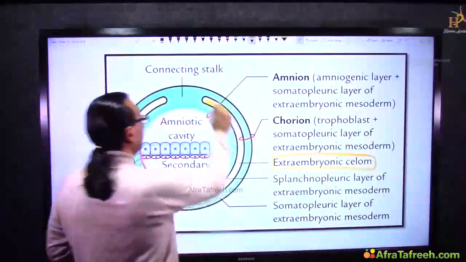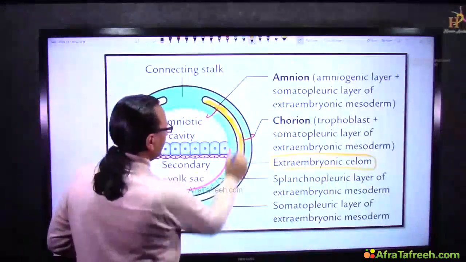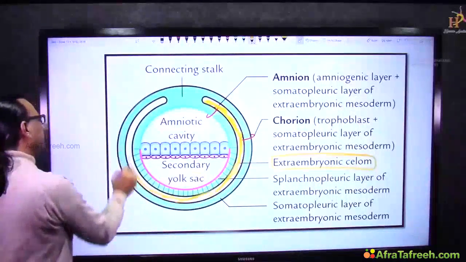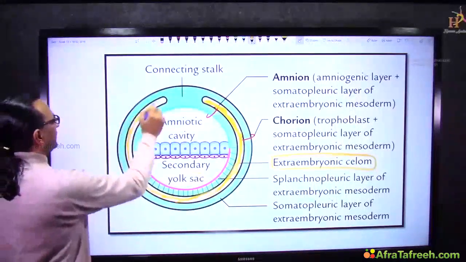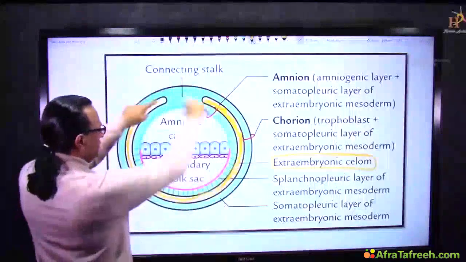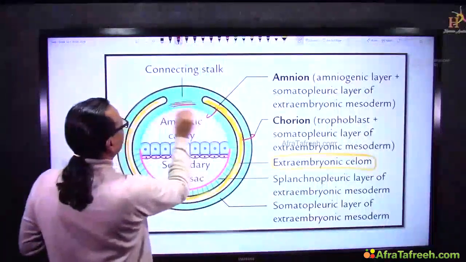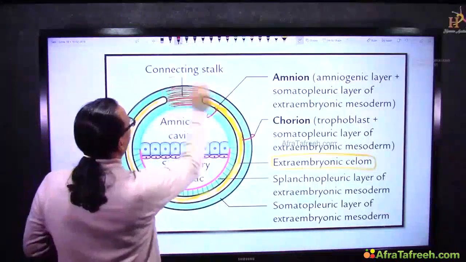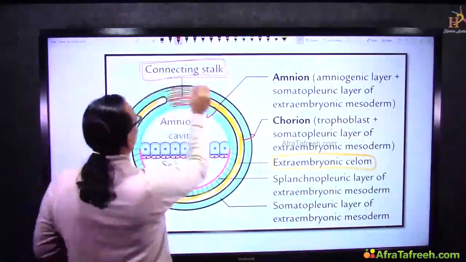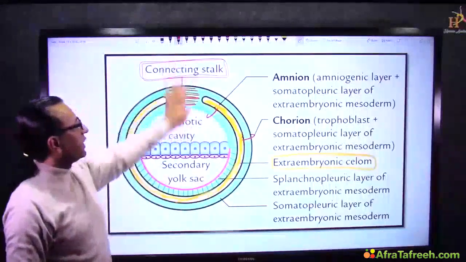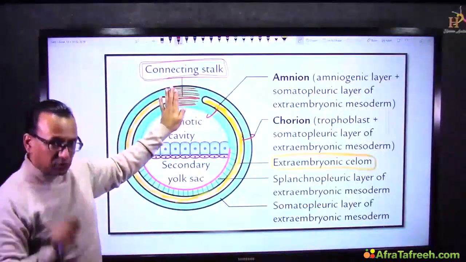As I'm telling, this extraembryonic coelom is developing in the extraembryonic mesoderm, and it is not complete. There is some portion left. And what is that called? That is called the connecting stalk, which is the primary umbilical cord. So that is going to become the primary umbilical cord. Yes. Notice one more thing.